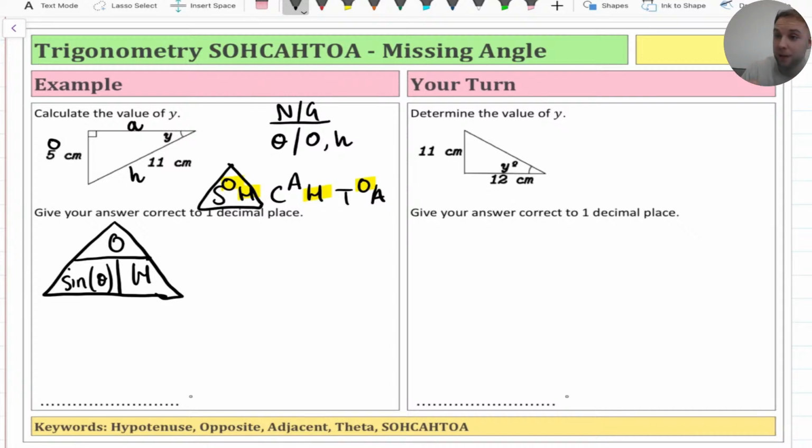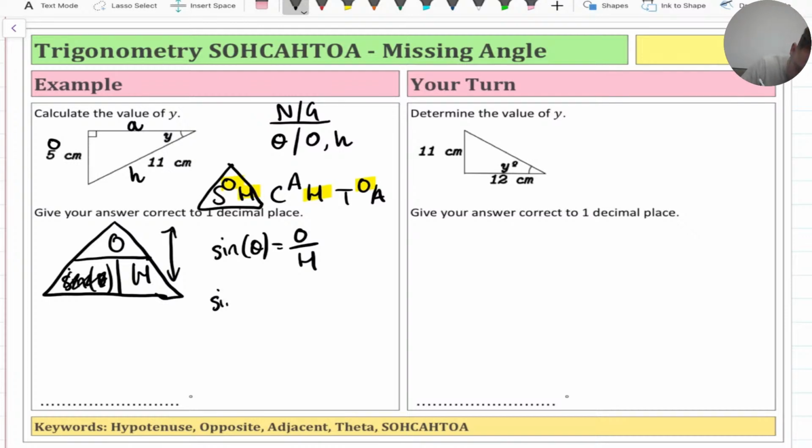So then I substitute in everything I've got. I know that I need theta, so I cover sine. So it's going to be sine of theta is equal to the opposite, which is at the top here, opposite over hypotenuse. I know what my opposite is, it's 5. I know what my hypotenuse is, it's 11.